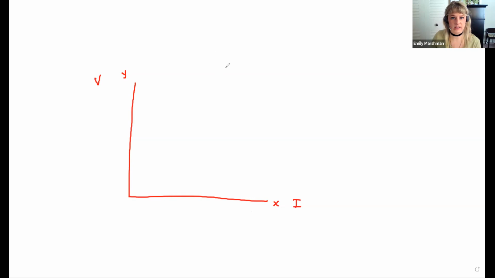So you'll go back and look at your data that you recorded. So for a voltage of 0.1 volts, your current was 0.1 milliamps.